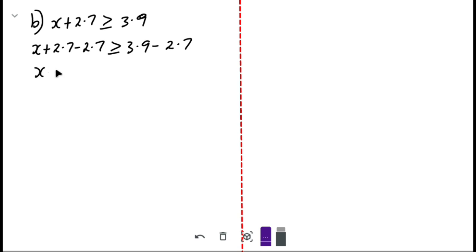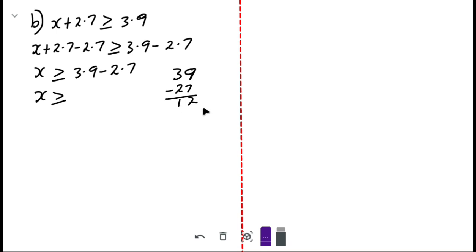So x will be greater than or equal to, 2.7 minus 2.7 will be 0, so we have 3.9 minus 2.7. You can as well say 39 minus 27 for easy evaluation.